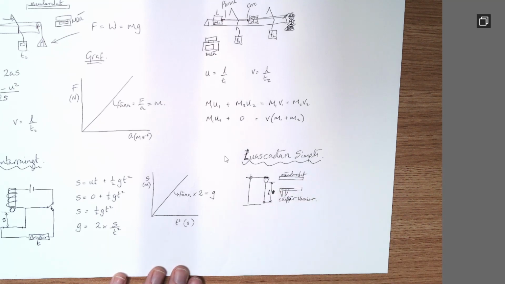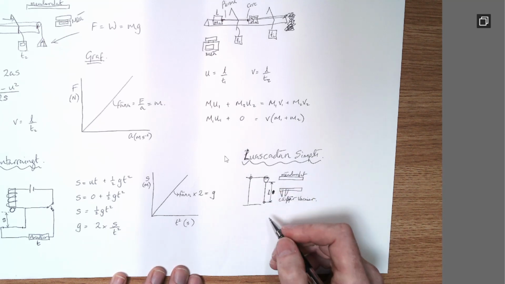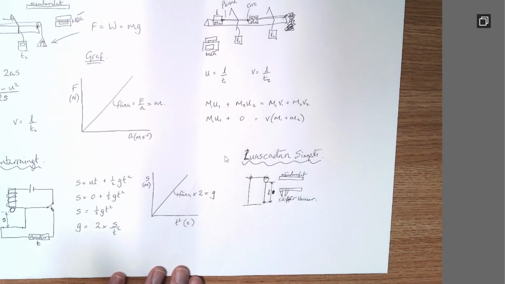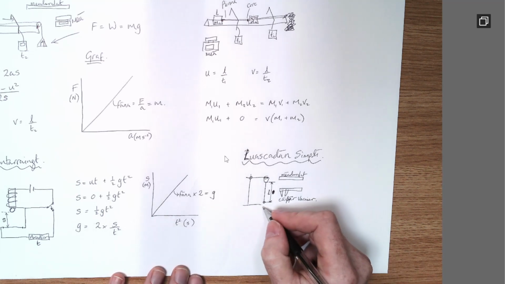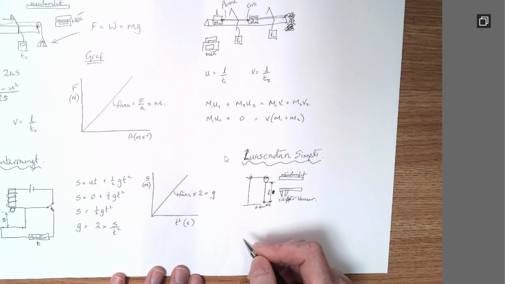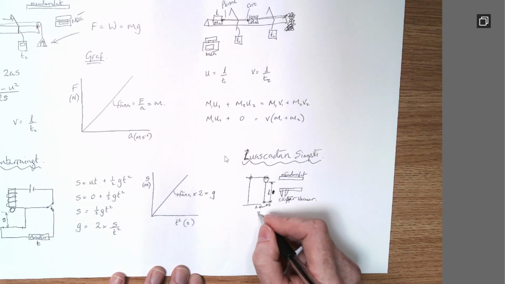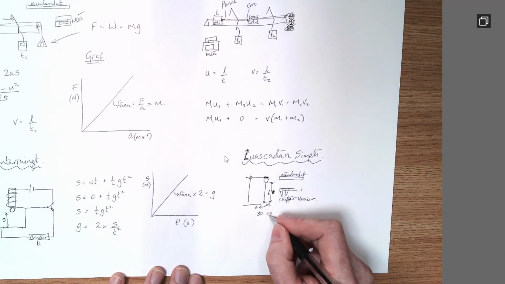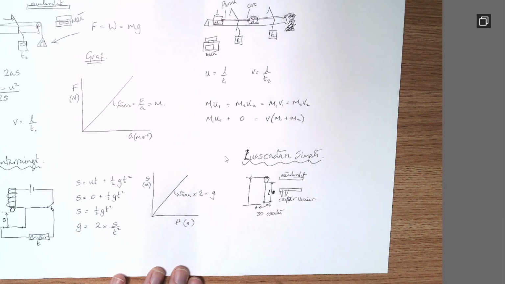Now, for the experiment, the pendulum swings. One oscillation is from A to B and back to A. Do thirty oscillations and then take the average.